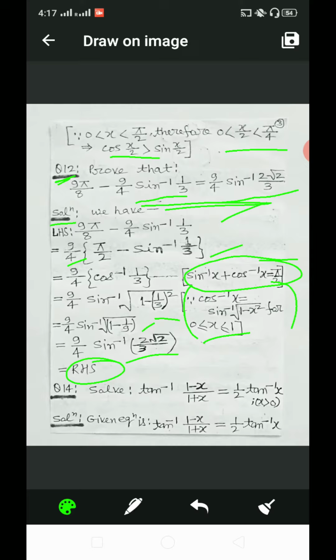Now we discuss one more question, that is question number 14. Solve tan inverse 1 minus x by 1 plus x equal to 1 by 2 tan inverse x, where x greater than 0.